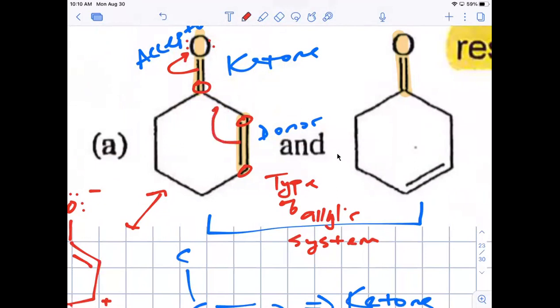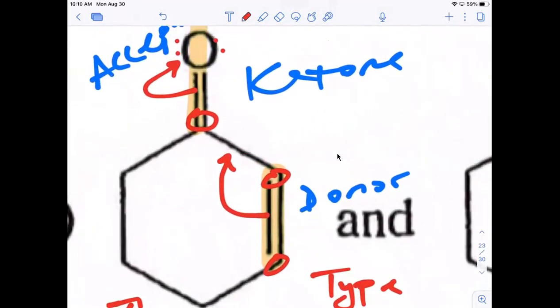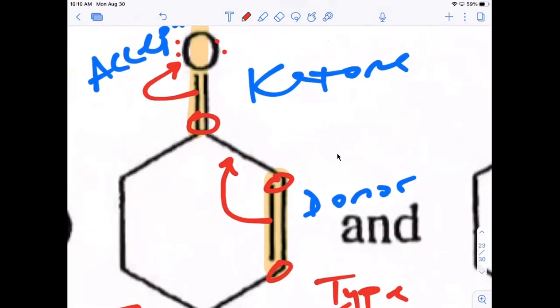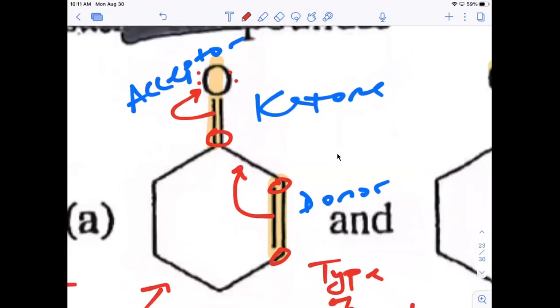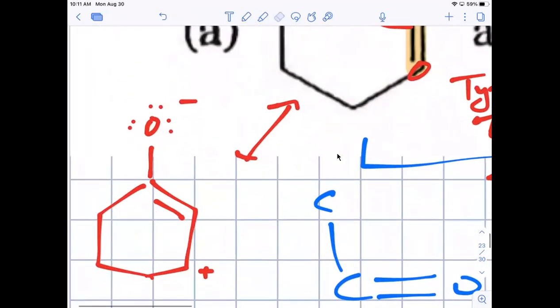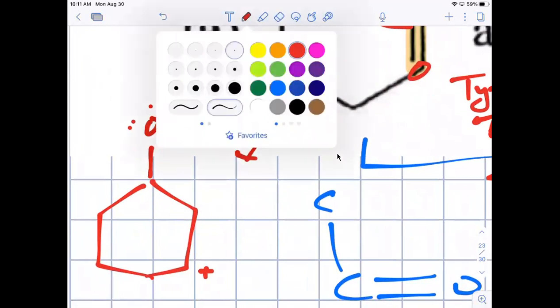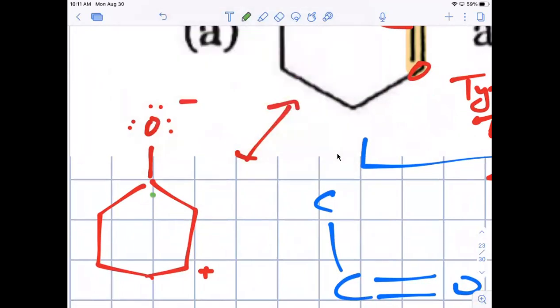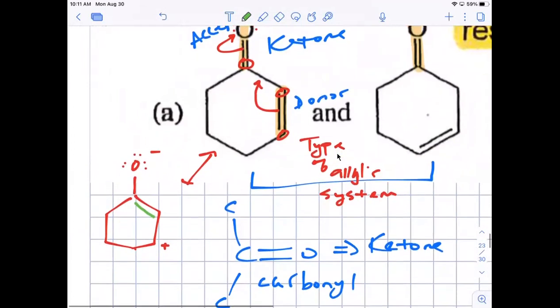I'm going to put them here and turn them into a pi bond. And then if I do that, I have to break the carbon oxygen pi bond because otherwise that carbon is going to have too many bonds to it. So that's what forces the carbon oxygen pi bond to become a pair of electrons on oxygen. So that's what I'm showing here. You can see right here, the pi bond got shifted, right? And then so now I have this resonance form.